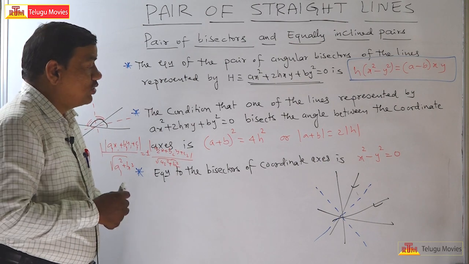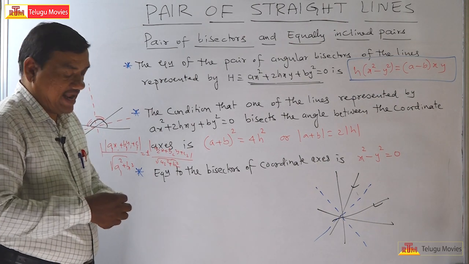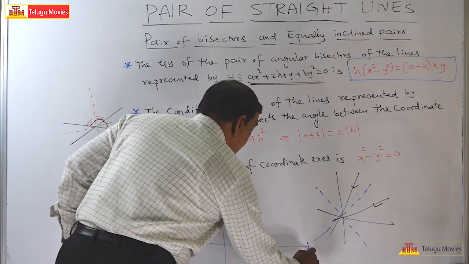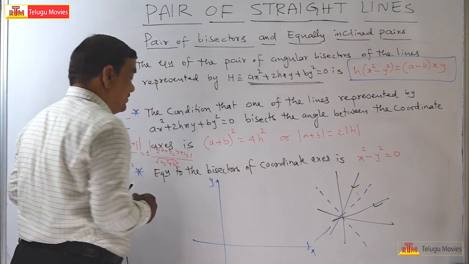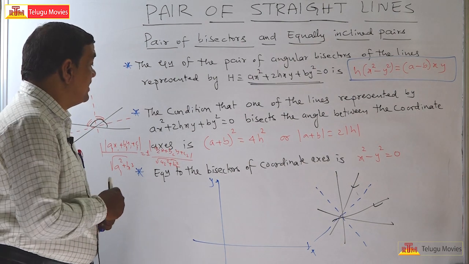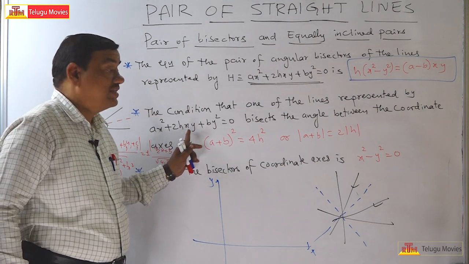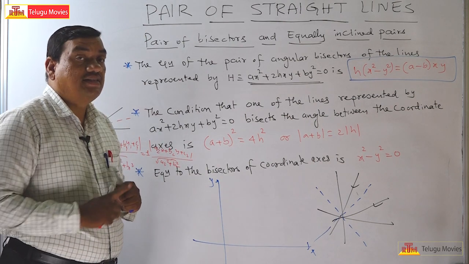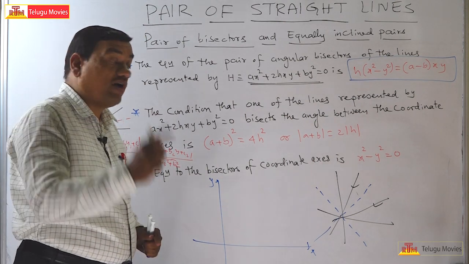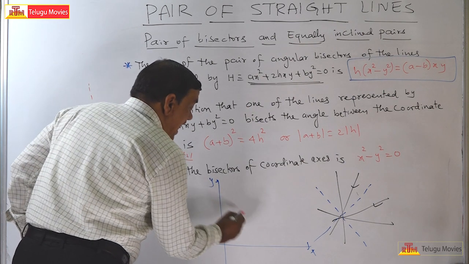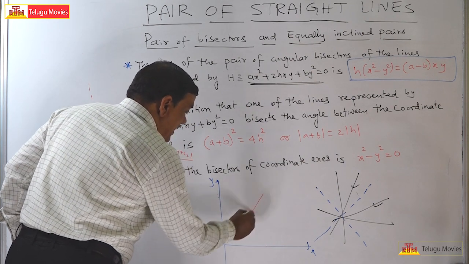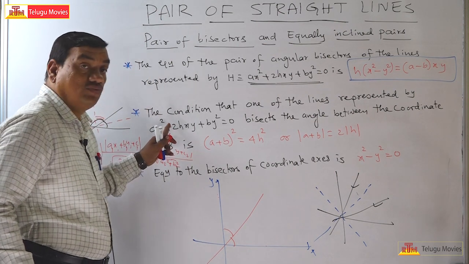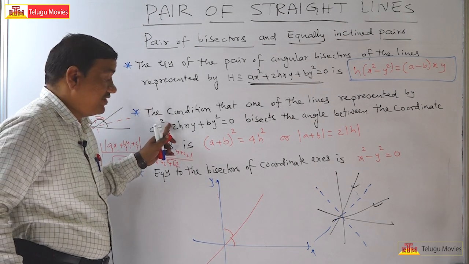That means what? I will explain through a diagram. Let us take the x axis and y axis. Okay? He is saying ax square plus 2hxy plus by square is equal to 0 contains two lines. Out of the two lines, one line is the angle bisector of the coordinate axes. So this is one line, out of the two lines represented by the equation.